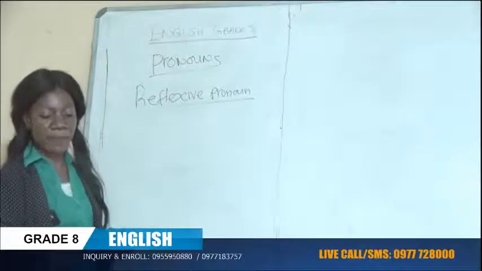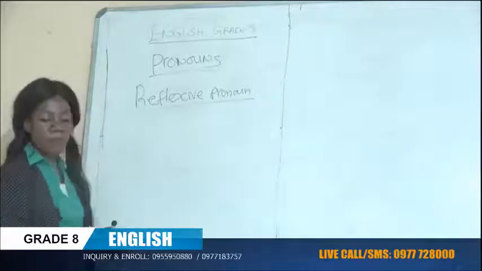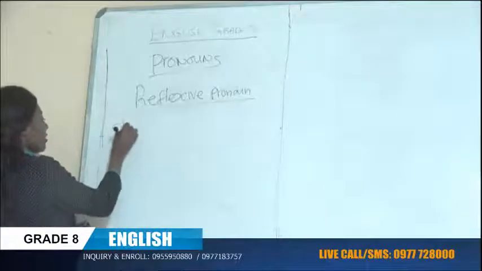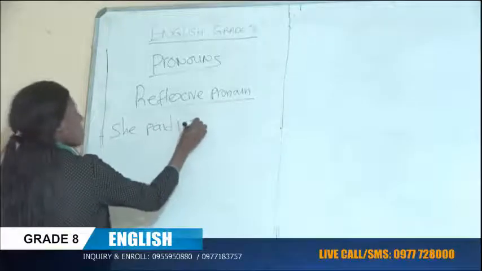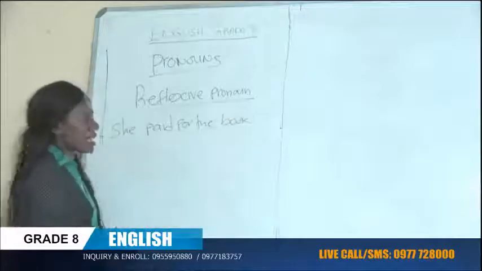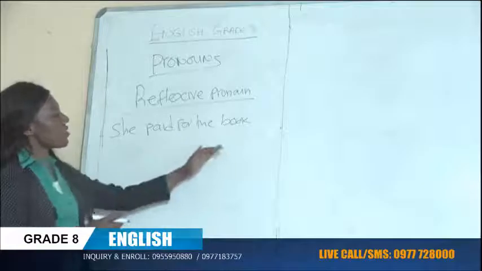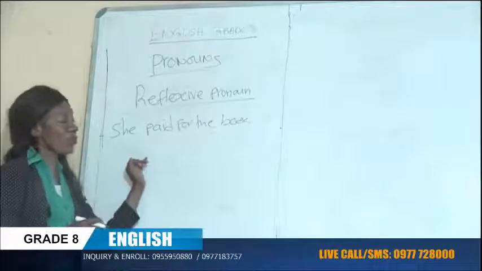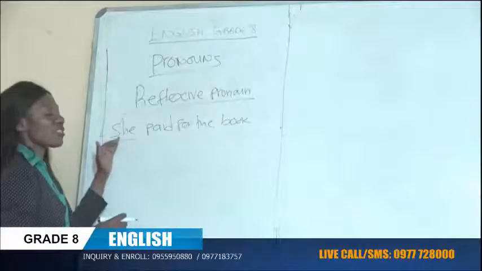Okay, we'll look at this example. She paid for the book. Okay, in this sentence, we must add a reflexive pronoun so that we refer it back to the subject. The subject of the sentence in this case is the she. Whom are we talking about? We're talking about the she.